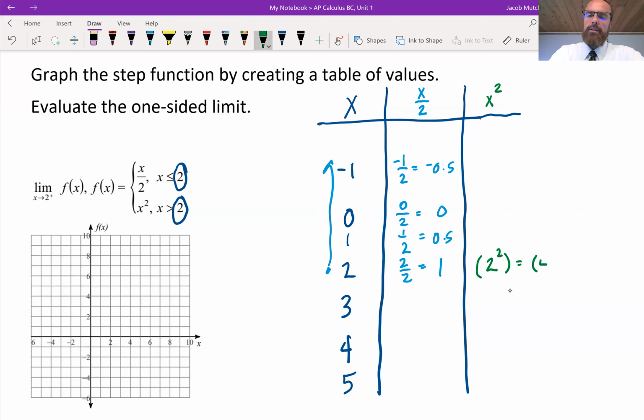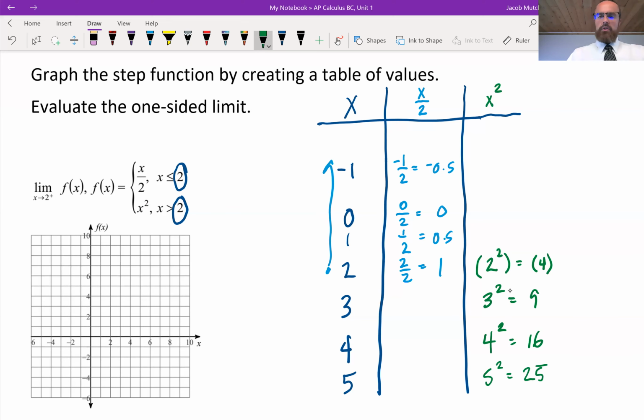But I'm going to put in parentheses because that's not part of the green function, but the green function comes up to that value from the right-hand side. We'll use that when we calculate the limit. 3 squared, however, is on the function. So we got 9. 4 squared, these are going to be difficult to graph. 16, 5 squared, way off the chart, 25.